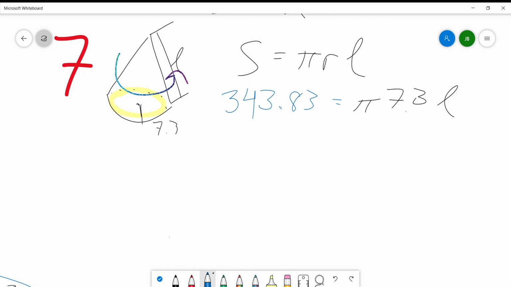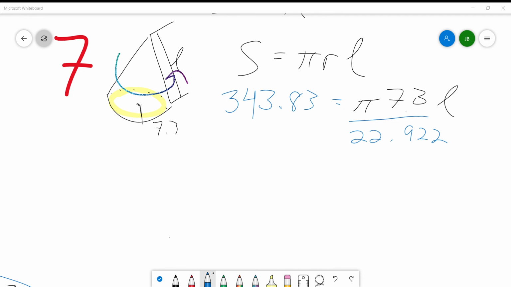So I'm going to divide both sides by pi times 7.3. Let's do that. Pi times 7.3, using 3.14 as the approximation keeps me in good whole numbers, equals 22.922. Now I'm going to divide both sides by that.